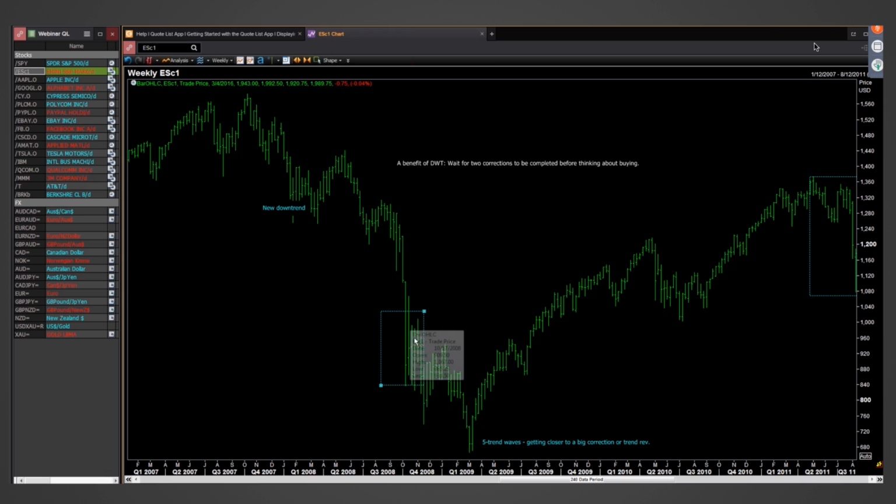So knowing that, you don't start looking to buy around here. Instead, you wait for the third trend wave to complete, and then you start looking for a potential buy signal. However, what I just said is not a good idea. You should never trade against the trend unless you have a Dillion Wave support price to go off of, because trading against the trend is the sure way to lose money.